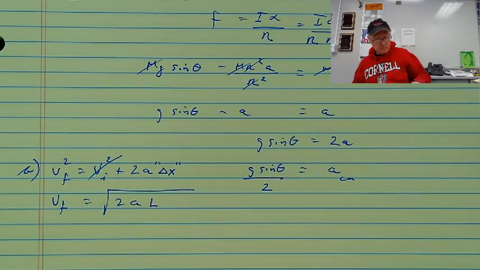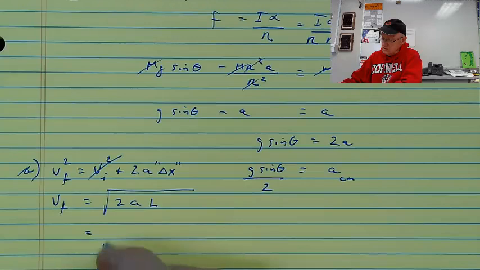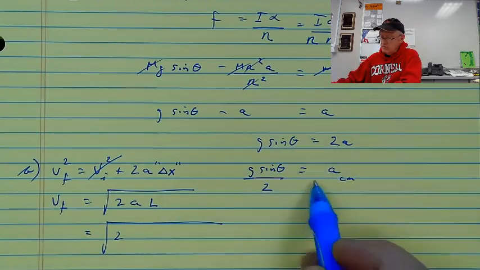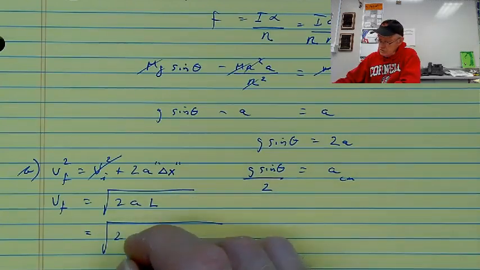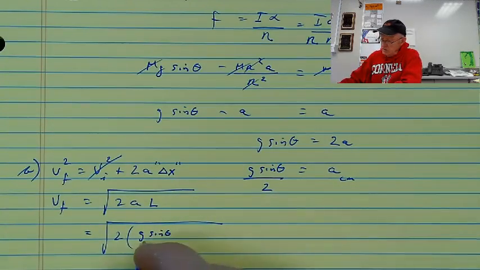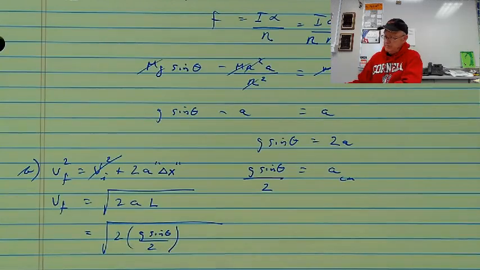And I think we have enough to do some substitutions here. Square root of 2, now the A from, where did it go? Right here. So it's 2 times g sine theta over 2 times L. Do a little cleanup.